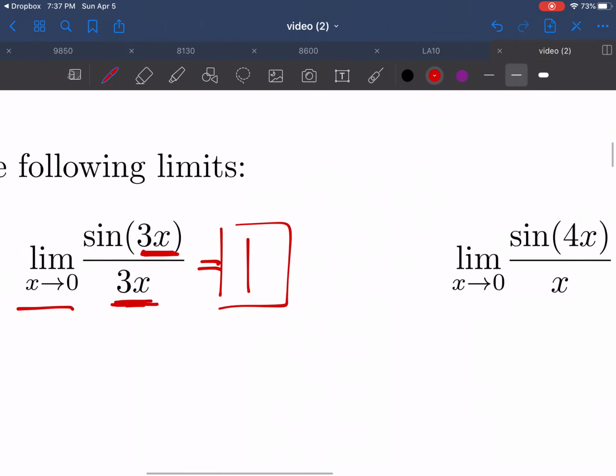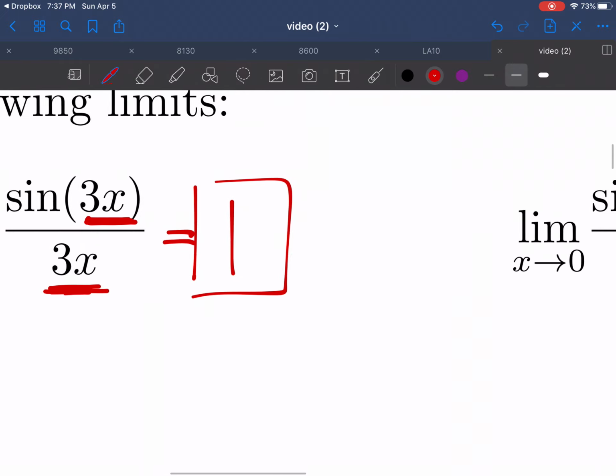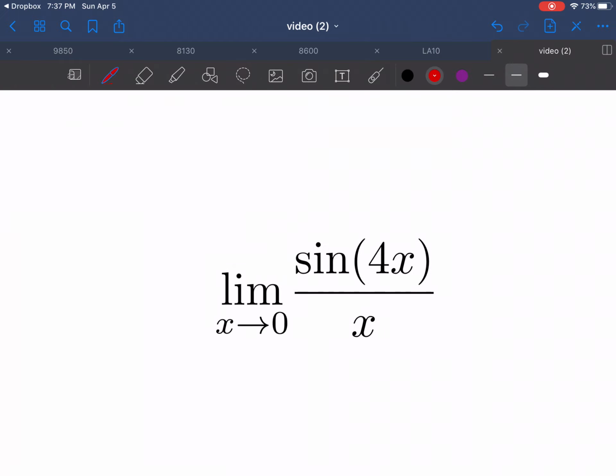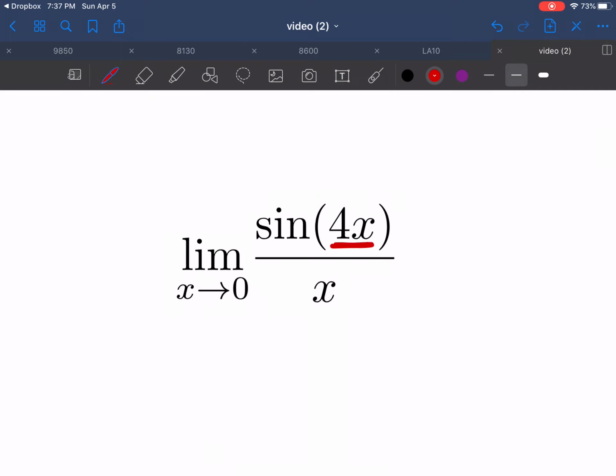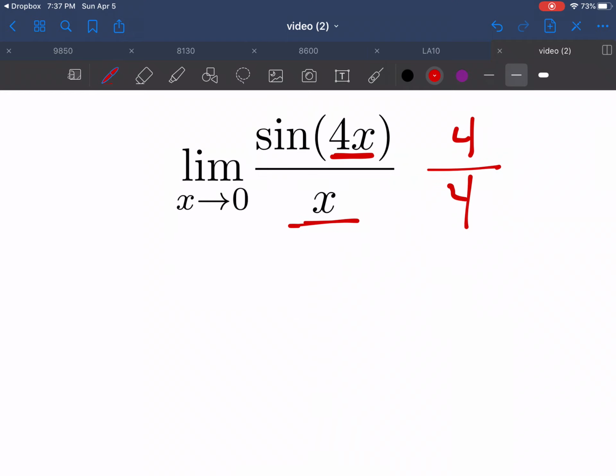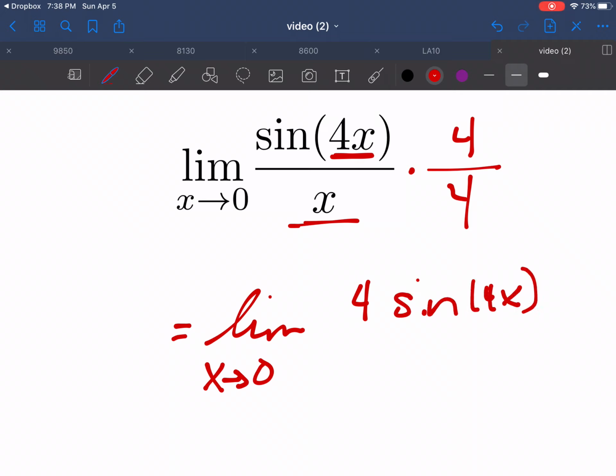Sometimes it'll be obvious. Sometimes it won't quite be so obvious, but we can make it so. So what does the argument in the sine have that this denominator doesn't have? Well, a 4. So I can multiply by 4 over 4, and I get the limit as x approaches 0 of 4 times sine of 4x divided by 4x.